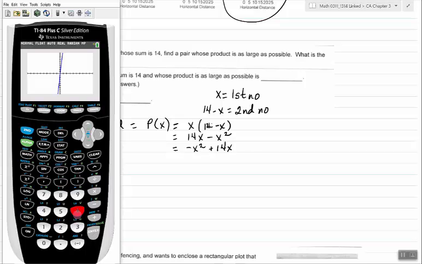And we don't have a very good window. So I will do a window. I need to change x max to about 20. And y max, it didn't seem to get close. I'm going to put 100 in there.